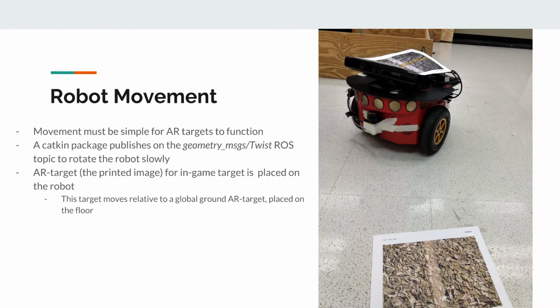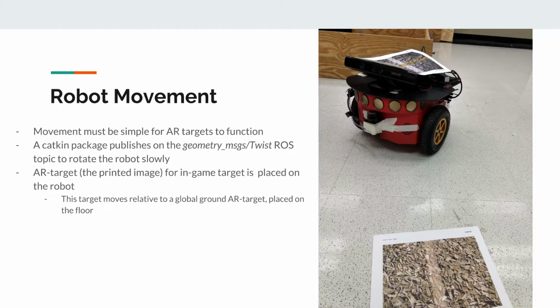Robot movement is kept fairly simple for this AR game, because the AR targets need to be detected, and for that to happen, the robot needs to rotate fairly slowly. To rotate the robot, the Catkin package that we tested using Stage publishes on that geometry messages twist topic.